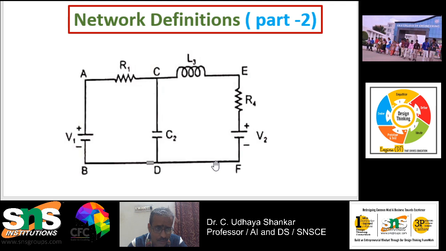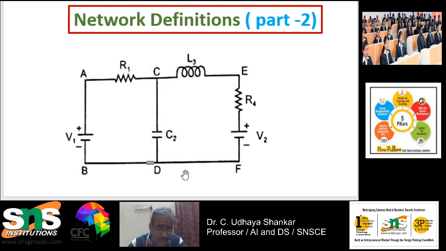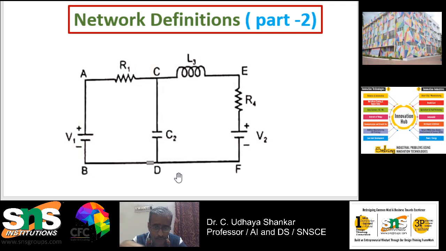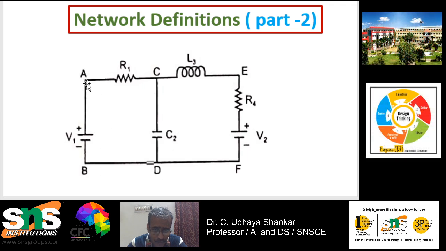In a network, a mesh is a set of branches forming a closed path. For example, in this figure, you start with A and end with A. So A, C, D, B, A is one mesh, also called a loop.